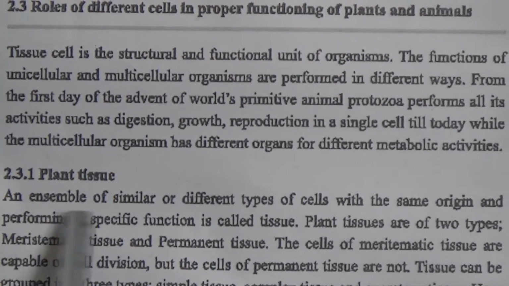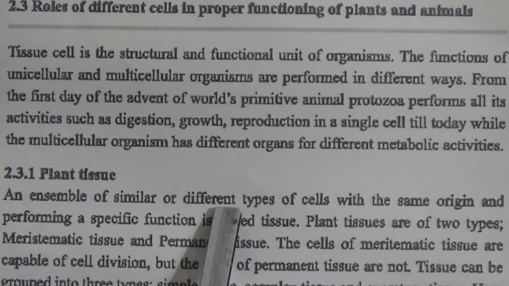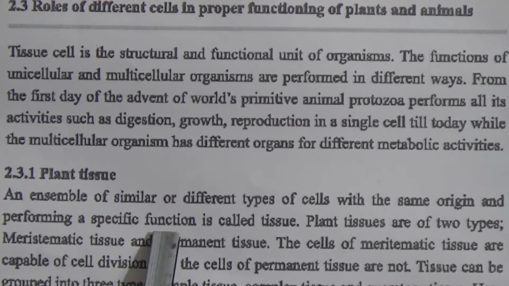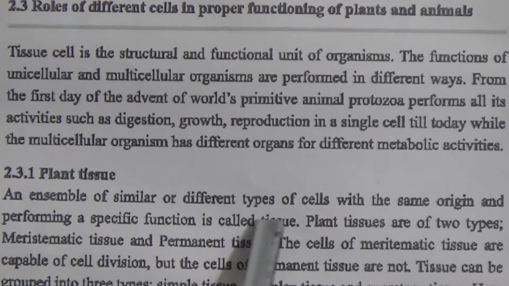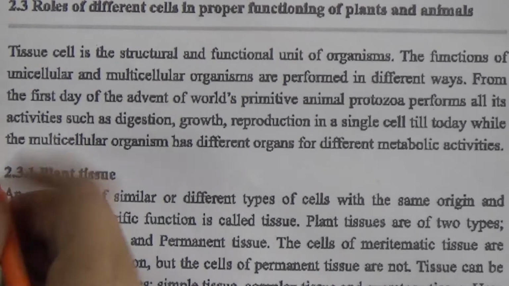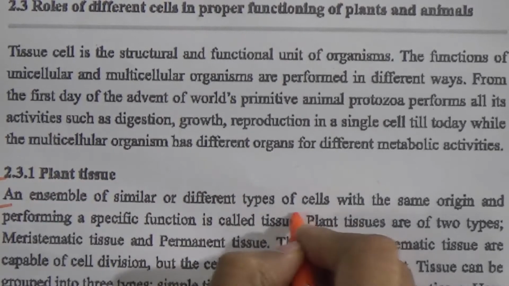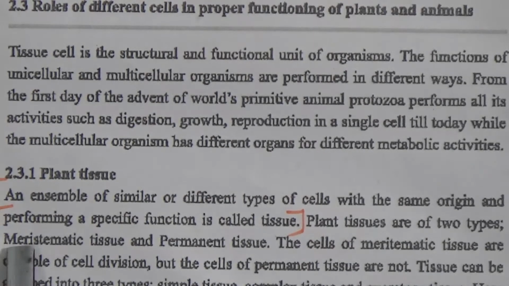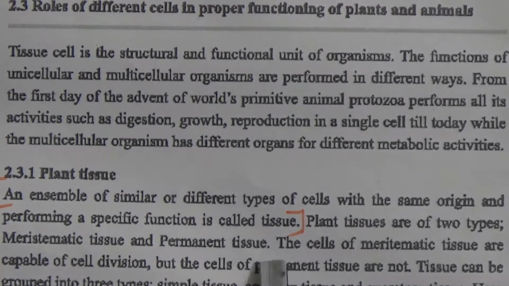An ensemble of similar or different types of cells with the same origin and performing a specific function is called tissue. This is the definition of tissue. Underline this line and you have to memorize it as the definition of tissue. Plant tissues are of two types: meristematic tissue and permanent tissue.